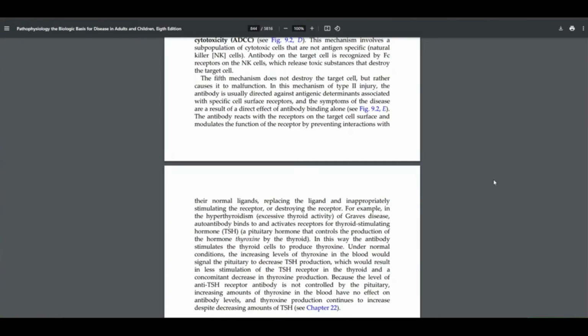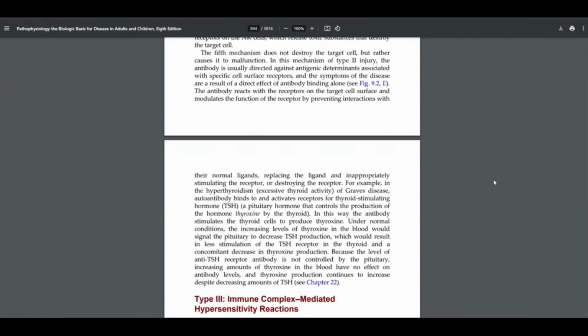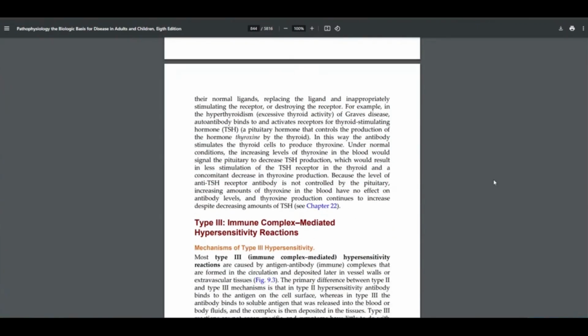The antibody reacts with the receptors on the target cell surface and modulates the function of the receptor by preventing interactions with their normal ligands, replacing the ligand and inappropriately stimulating the receptor, or destroying the receptor.